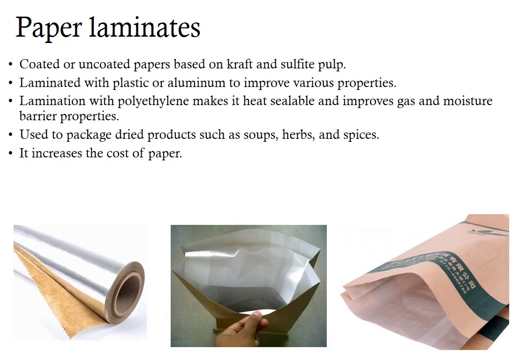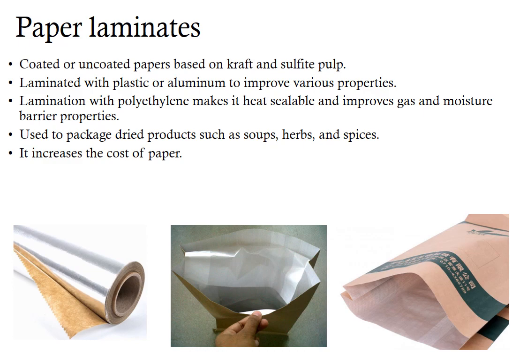And the last type of food packaging material is paper laminates. As we studied the other two types of laminates, such as metal laminates and plastic laminates, in the same way paper laminates are combined with two different materials. They are coated or uncoated papers based on kraft and sulfite pulp.